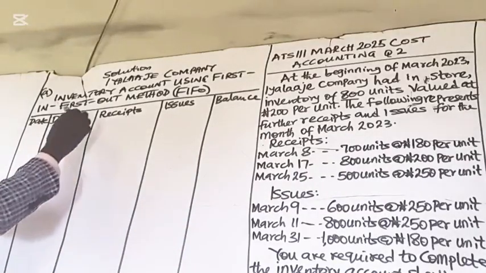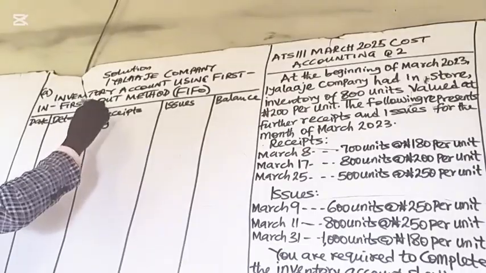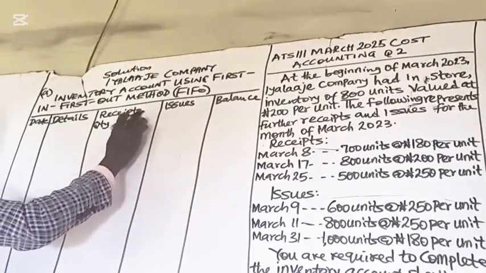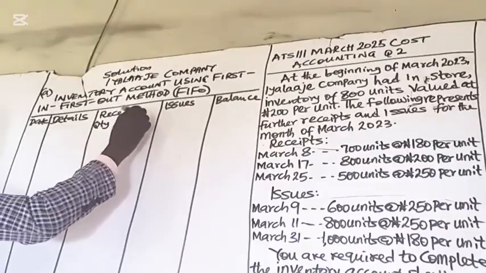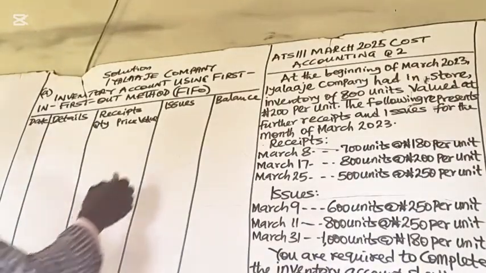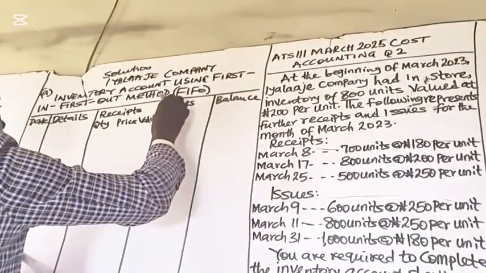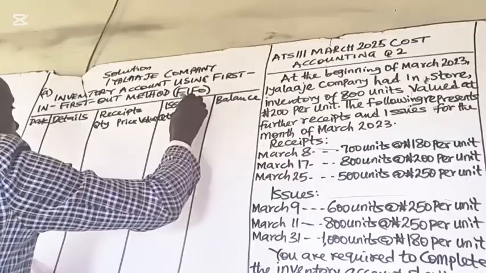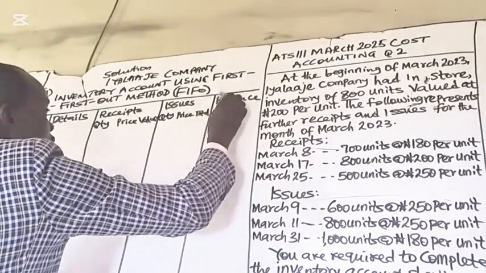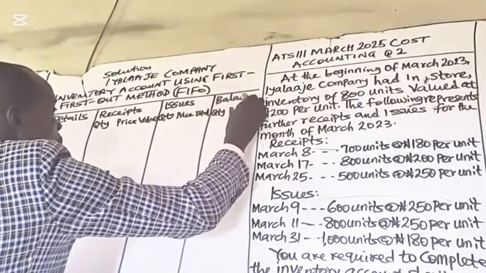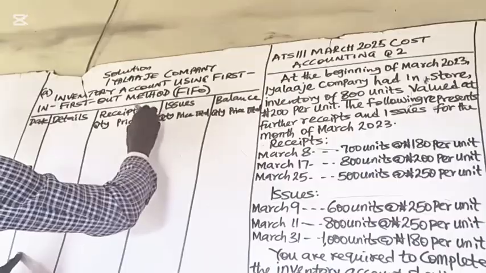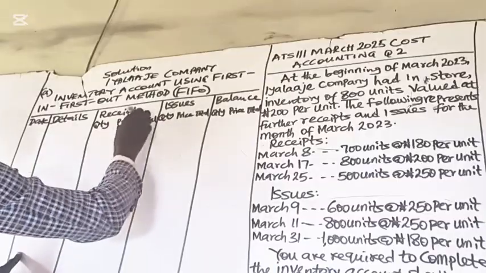Then under the receipts, you have a column for quantity, price, and amount or value, or you may put total. Let me maintain total all through. Amount is in naira.